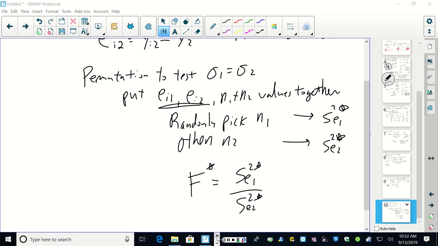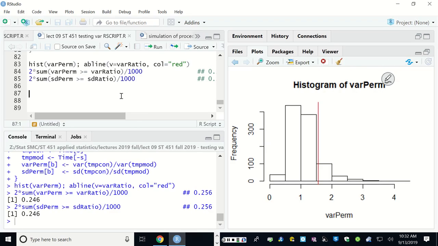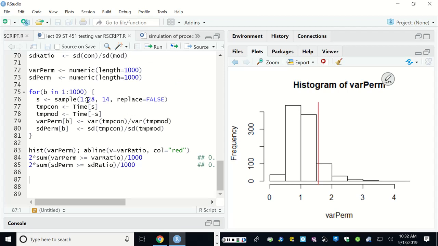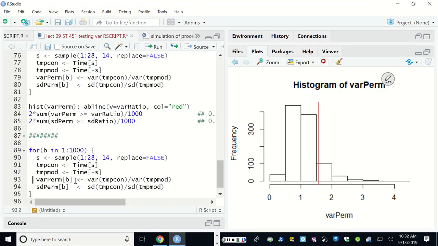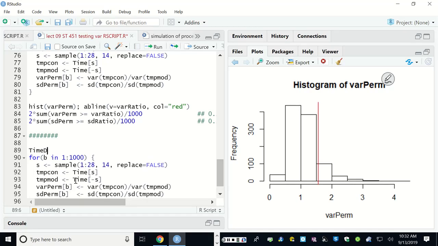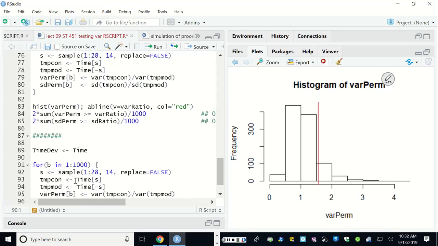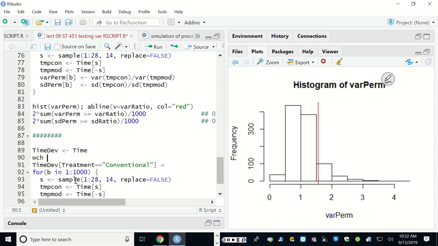So can we do that in R and make that work out? Let's make this bigger so we can do a little code. Instead of using time, we'll make a little modification here. We'll call something time deviation. When the treatment is conventional, let's make a little indicator, treatment equals conventional.